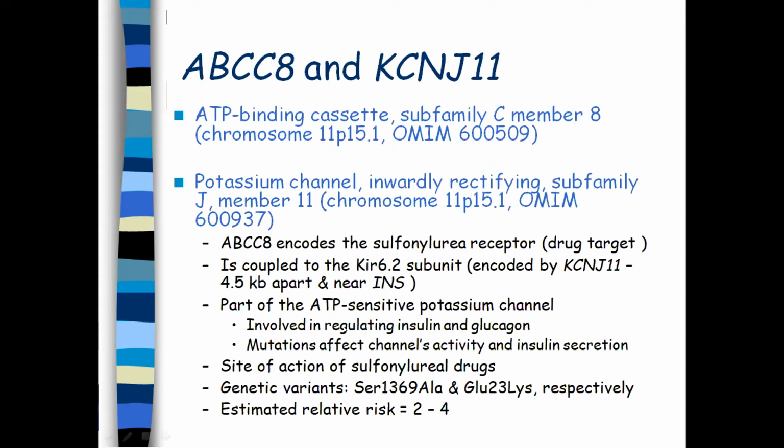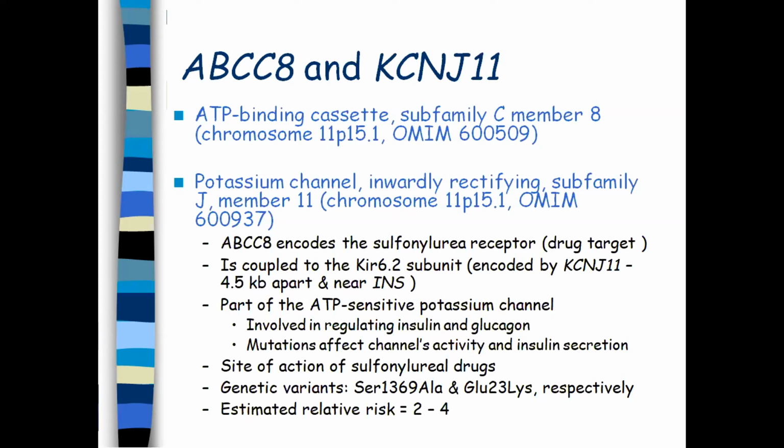So, ABCC8 and KCNJ11. ABCC8 is ATP binding cassette subfamily C member 8, on chromosome 11p15.1, and the second one is potassium channel inward rectifying subfamily J member 11, also on chromosome 11p15.1. ABCC8 encodes the sulfonylurea receptors.